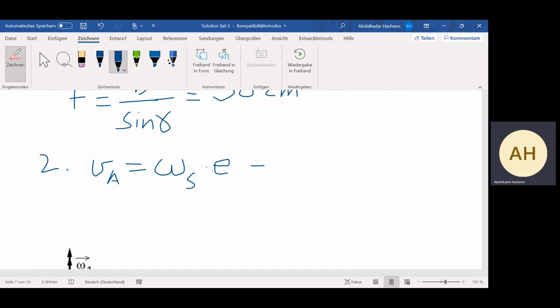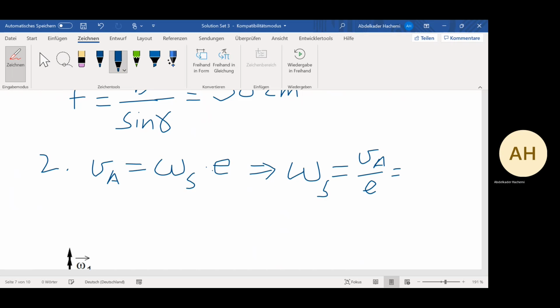As we take them as scalar, there is only one direction. Then we can get from this equation omega S is equal to VR divided by E. And this gives 3.3333 S minus 1.